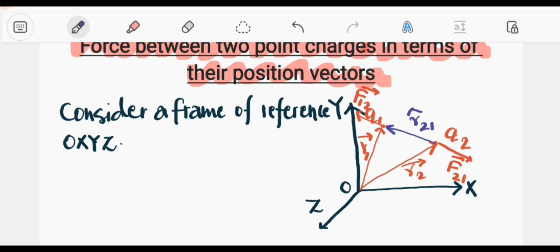Let us consider this is point A and this is point B. Clear with this? Now students, let me first write the terms. OA vector is equal to R1 vector, and OB vector is equal to R2 vector.